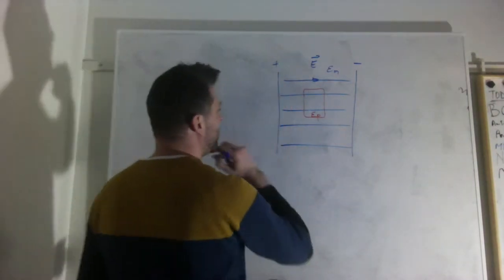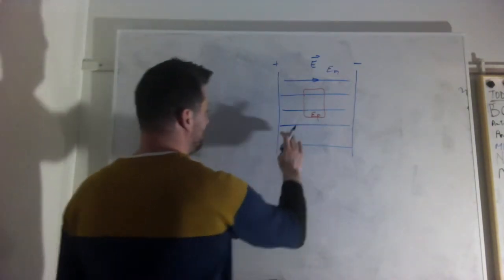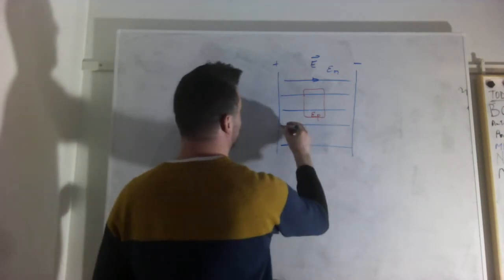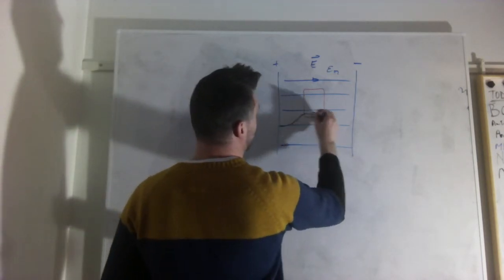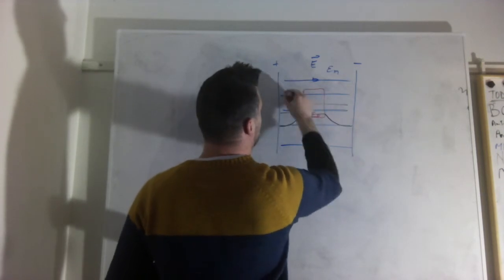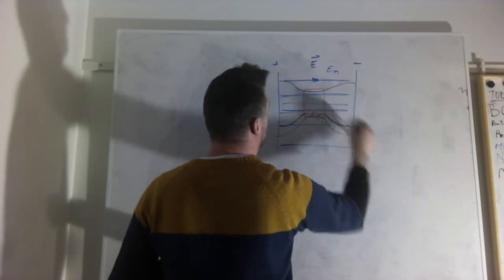Then this particle will start sucking up electrostatic field lines. So my field picture will not look the same, but instead it will start looking something like this. It will suck up field lines here, like this, and I will get a distorted electrostatic field line.